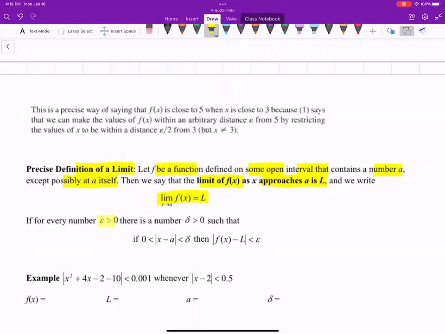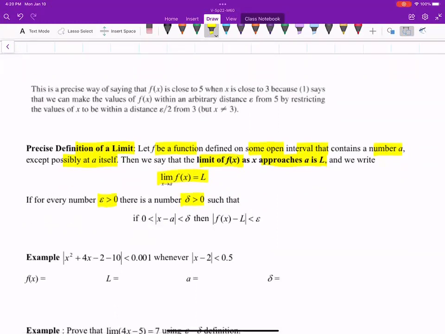If for every epsilon positive, there is a delta positive such that if 0 less than absolute x minus a is less than delta, then absolute f of x minus L will be less than epsilon.